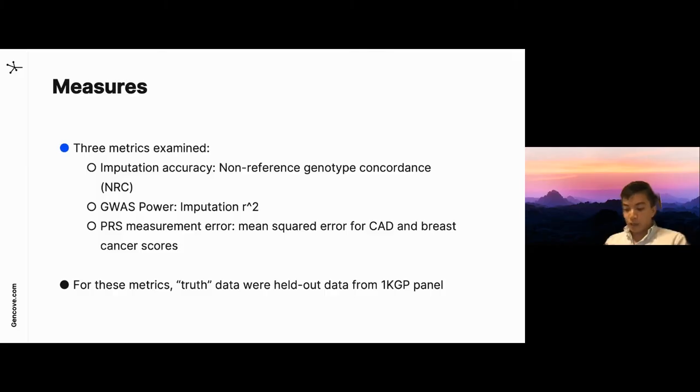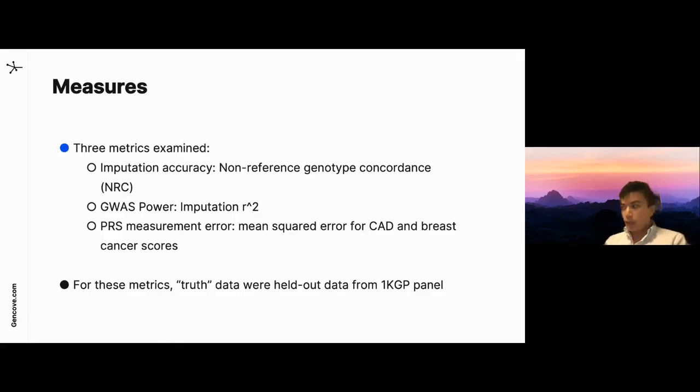Polygenic risk scores are now a commonly used tool to stratify populations into relative levels of disease risk. Basically, what we were trying to see here was what's the measurement error when actually estimating these polygenic risk scores when using the industry standard genotyping arrays versus low-pass sequencing.